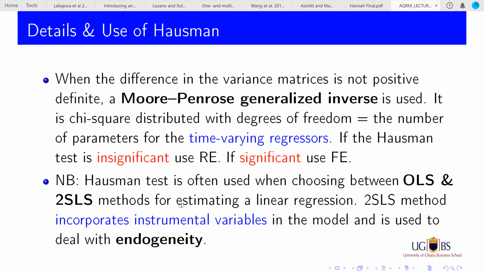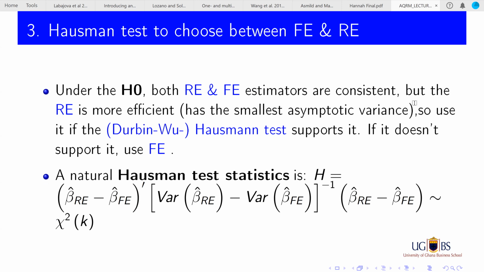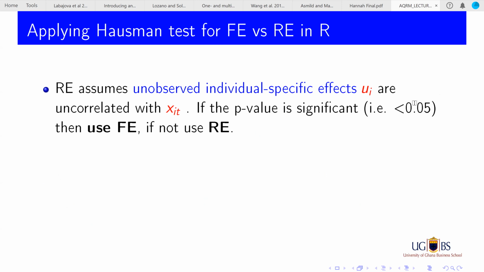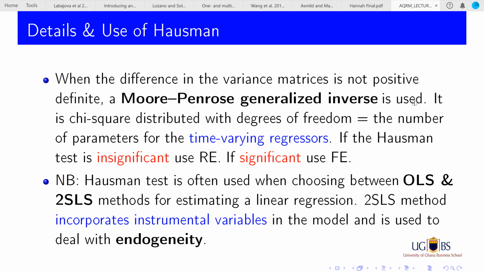Now, when the difference in the variance is not positive definite, then we say that a Moore-Penrose generalized inverse is used. It's chi-square distributed with the degrees of freedom equal to the number of coefficients for the time-varying regressors, not any regressor.